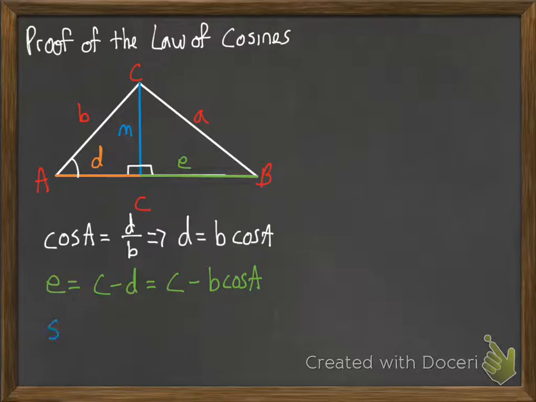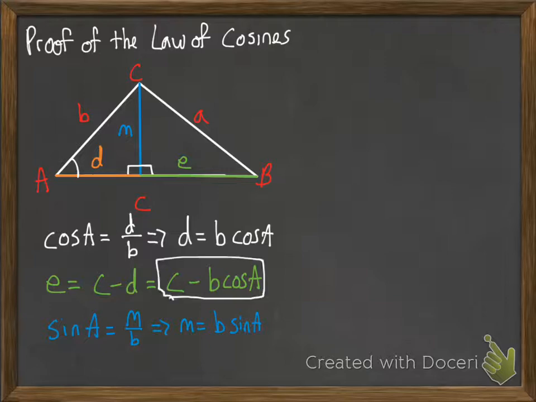So we can say that sine of A is equal to M over B, from which we get that M is B sine of A. I know what you might be thinking here. Wait, this is called the law of cosines. Why are we bringing in the sine? Well, it turns out the sine is going to actually disappear a little later on.